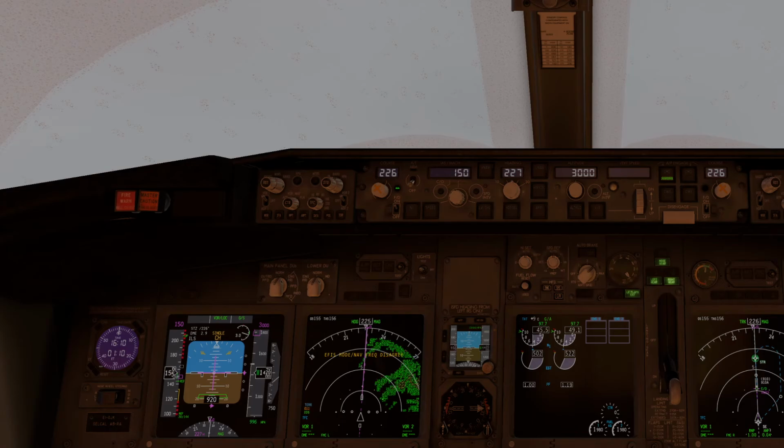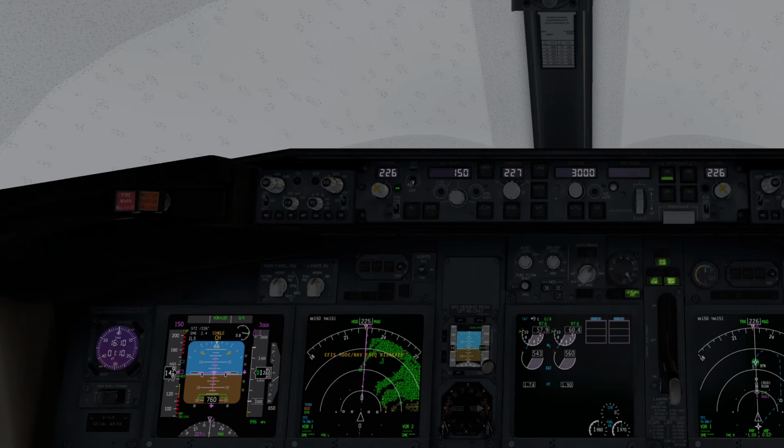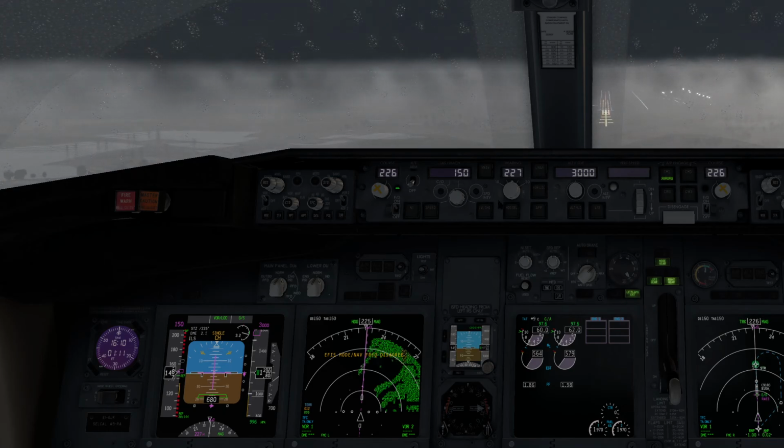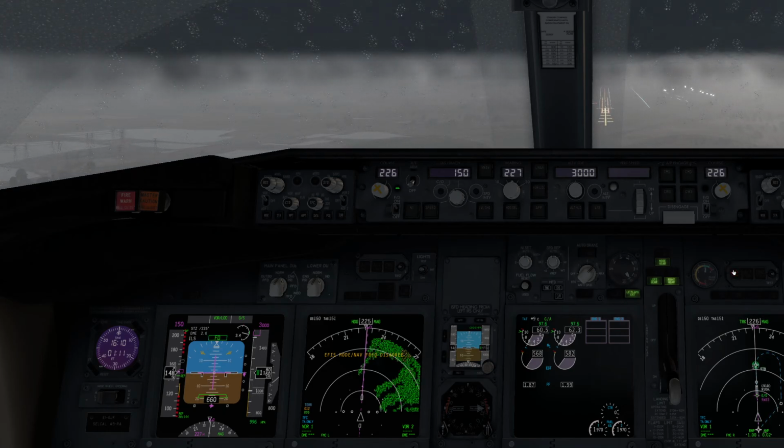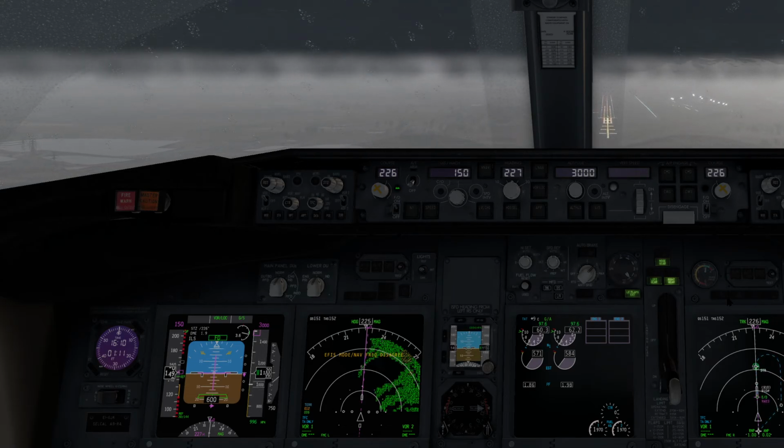Still no visibility. Very interesting challenge. 700 feet. And now we have the runway. Autopilot off. Continuing descent. Continue the descent.